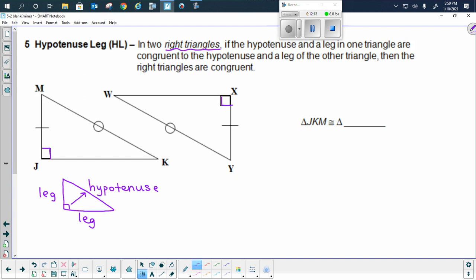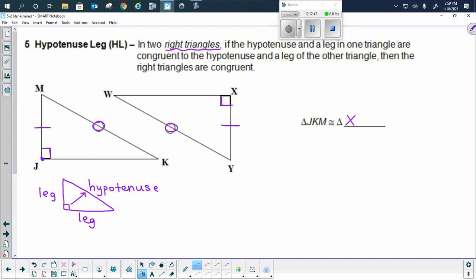Okay, so here we go. We've got two right triangles, and it says if the hypotenuse and one leg are marked, and that's what's happening in each of these. This is a leg, that's a hypotenuse, that's a hypotenuse, that's a leg. So if they're marked correspondingly the same, then they are congruent. Therefore, matching the corresponding parts, triangle JKM is congruent to triangle... well, J is the right angle, so it goes with X, which is the right angle.